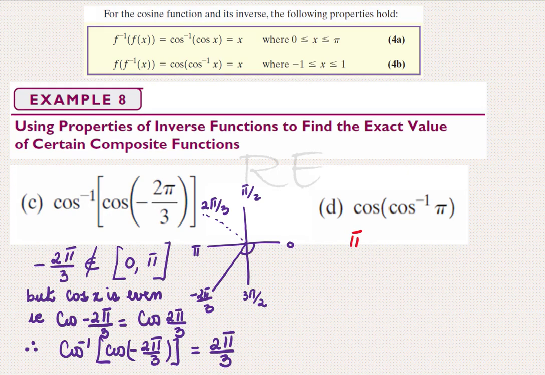Now for D, pi radians, which is approximately 3.14159 radians, does not belong to the interval negative 1 to 1, which is the domain of the inverse cosine function.